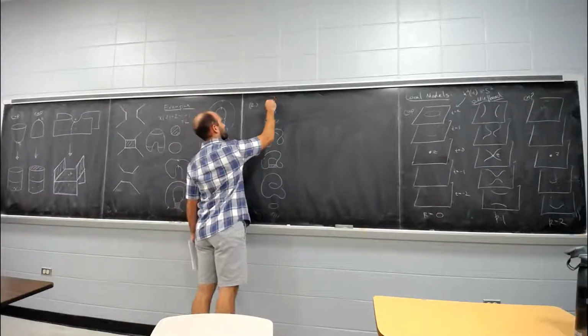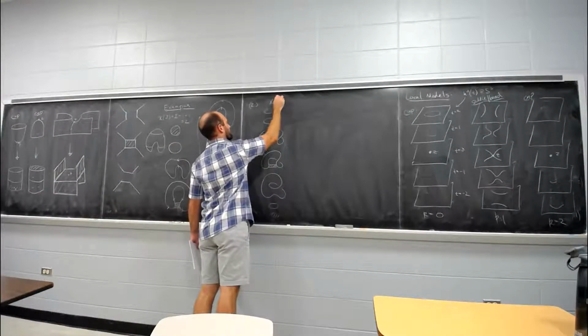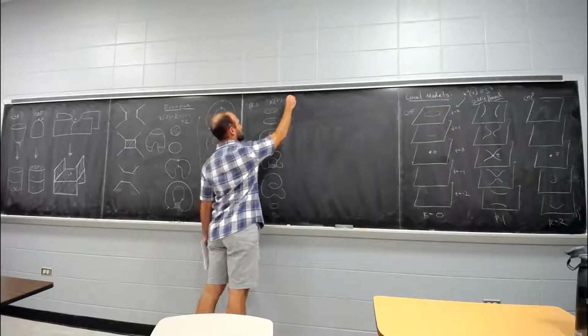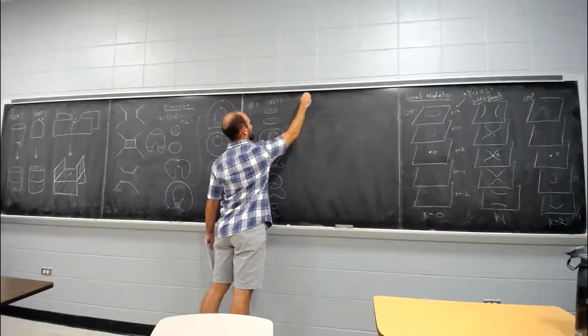So this time, the Euler characteristic is going to be 1 minus 1 plus 1 is 1.